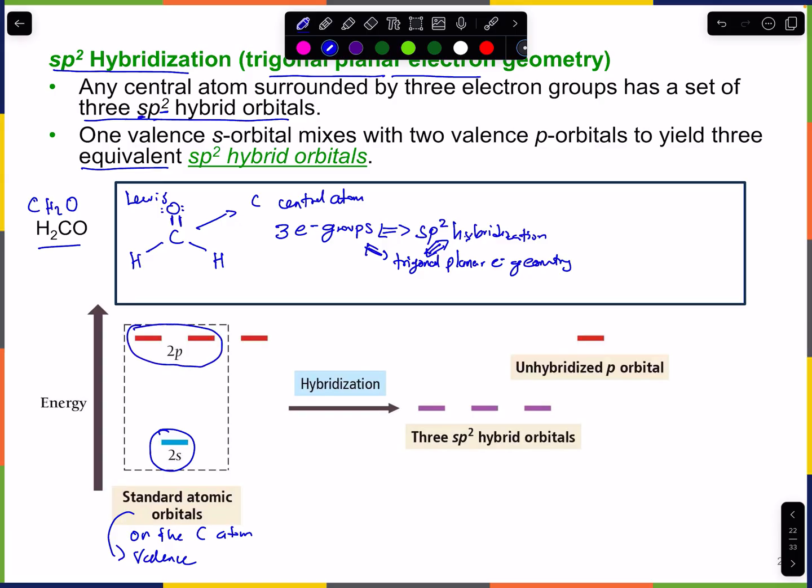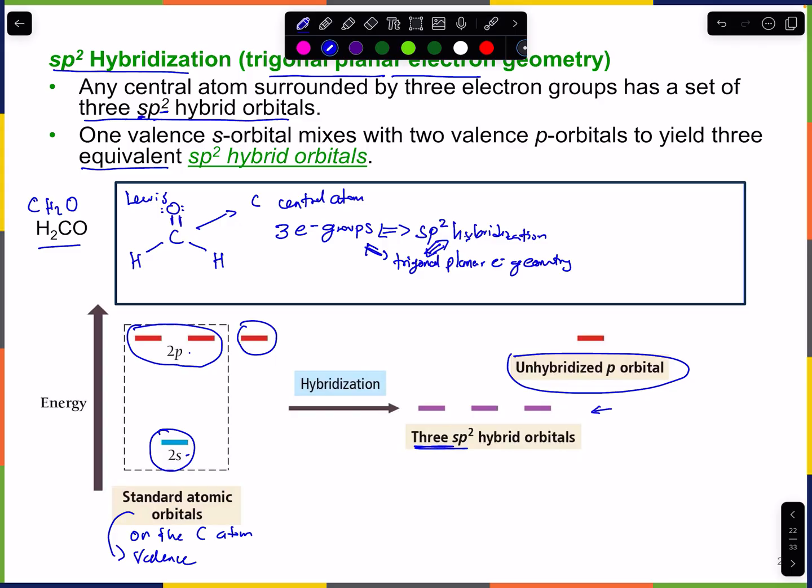This one that is out of the hybridization scheme is going to be called an unhybridized p orbital. It is not participating in the hybridization, right? Since we are mixing 1 from s and 2 from p, we'll get 3 sp2 hybrid orbitals.